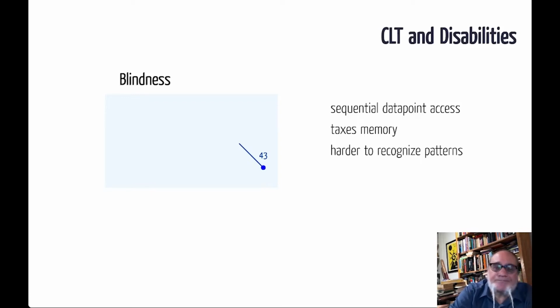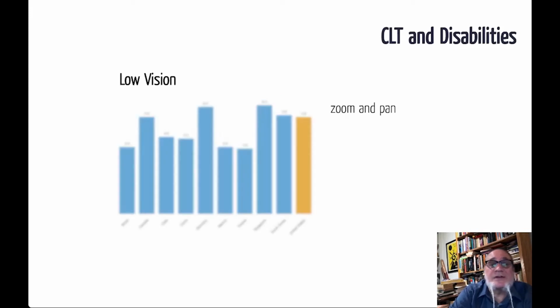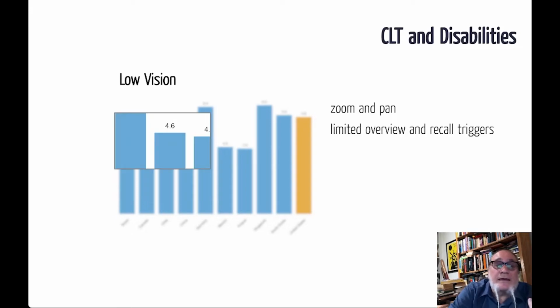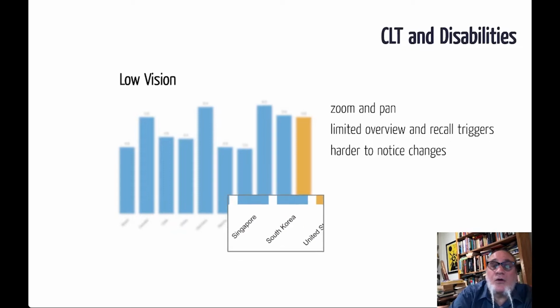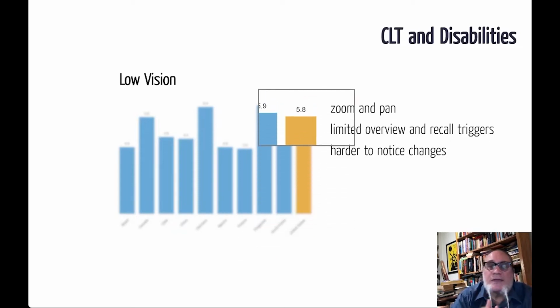And speaking of a piece of the picture at a time, there are low vision users. They use a zoom and pan technique. So you zoom out to see the big picture, and then you zoom in to see the details. So they might have a limited overview and visual recall triggers, and it's going to be harder for them to notice changes in some part of the viewport that they aren't looking at.